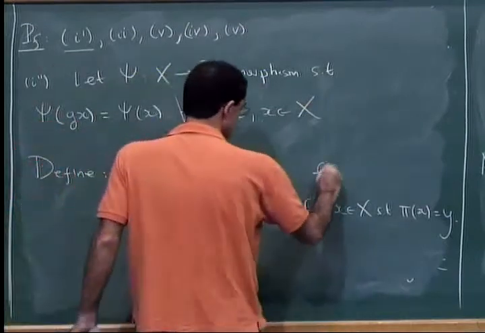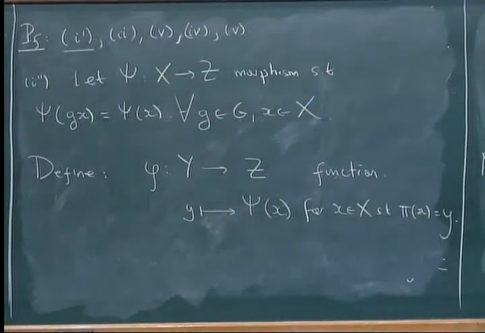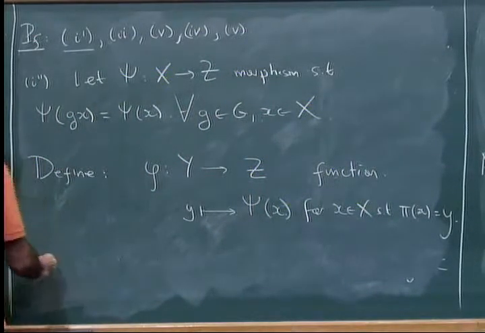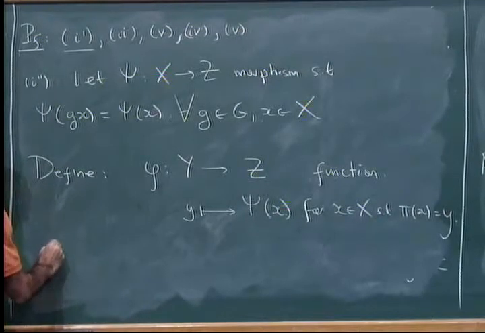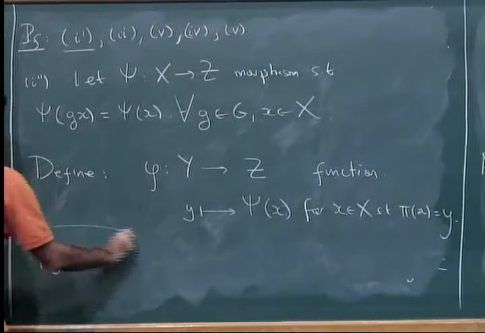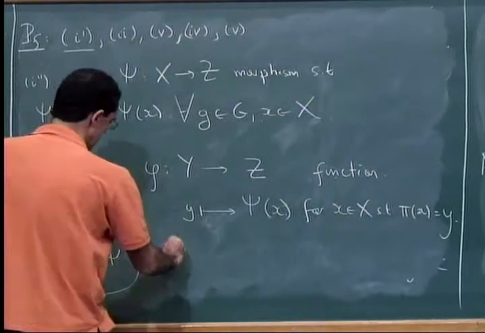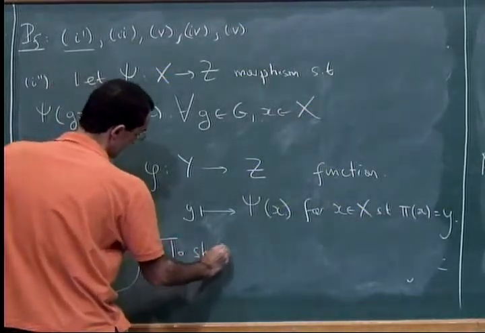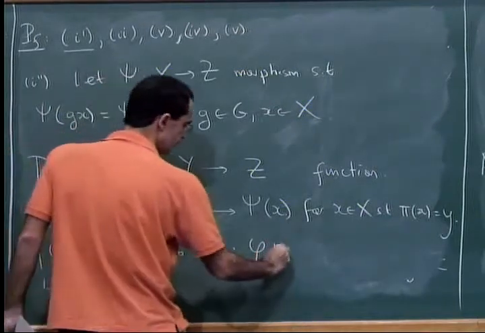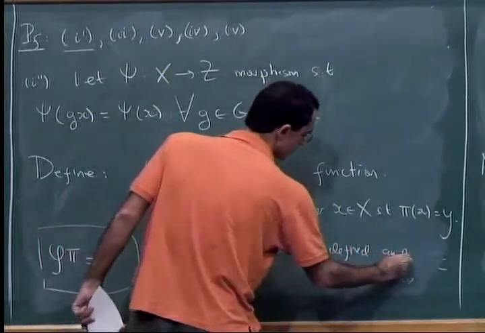So I get a function. By the very definition of this function, phi composed with pi is psi. And there is no other way to define phi because pi is surjective. So phi is unique. What I have to show is that this is well defined, because there is a choice there, and that it is a morphism.